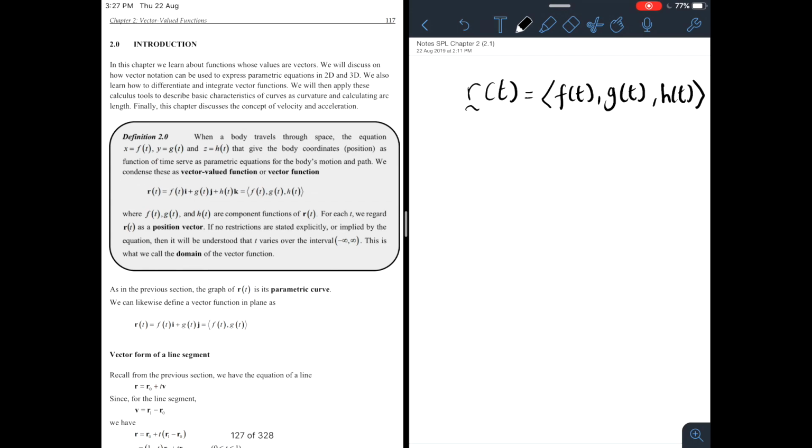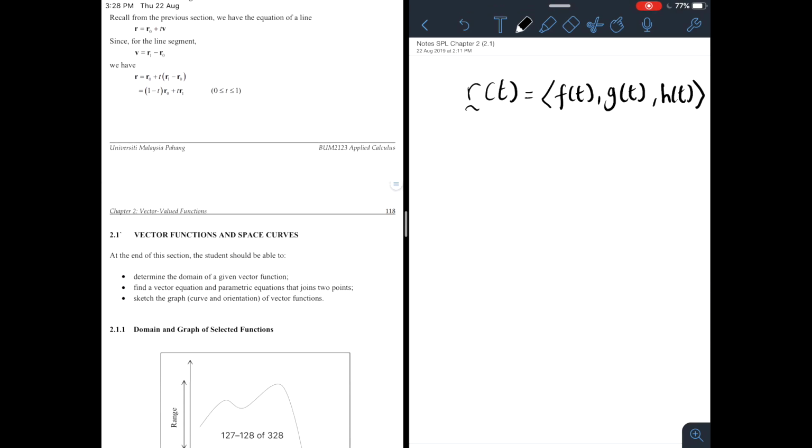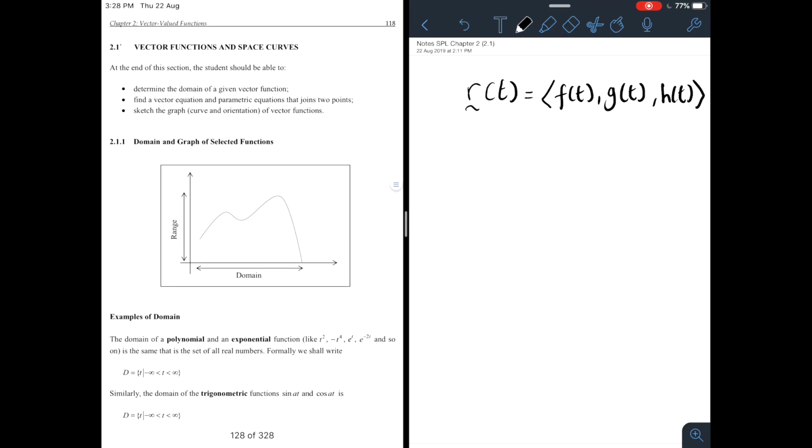And then we can somehow relate it with the vector equation of the line that you have studied in the previous topic. So let us learn how to determine the domain of a vector function. Then we will go to chapter 2.1, which is vector function and space curve.